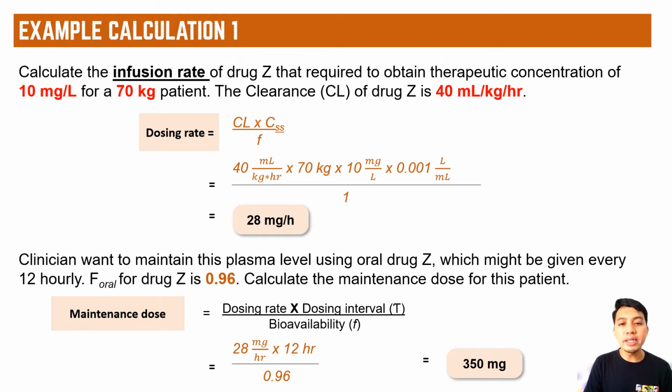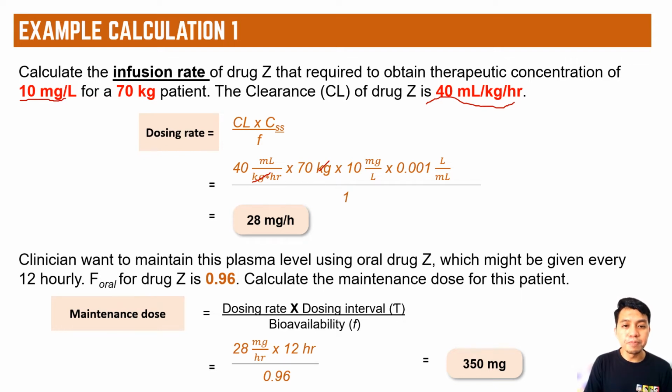So put all the data here. The clearance, which is 40 ml per kilogram per hour, times the 70 kilogram body weight of the patient, because you need to cancel the kilogram value in this data, times the 10 milligram per liter, which is the target steady state concentration, the therapeutic target concentration.